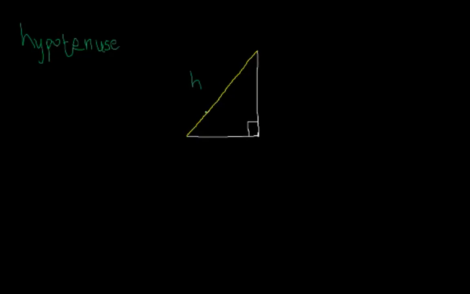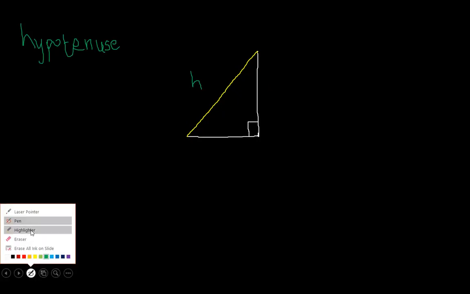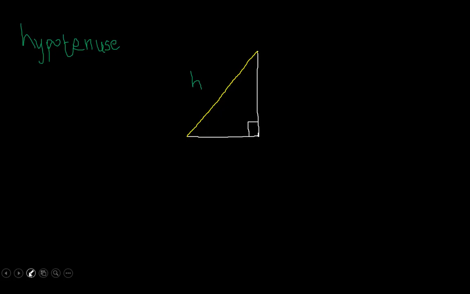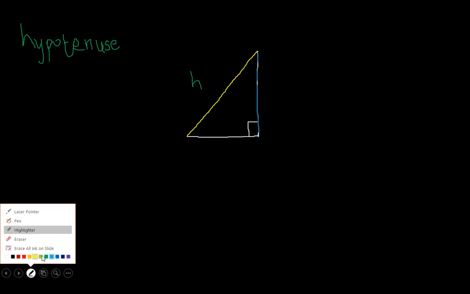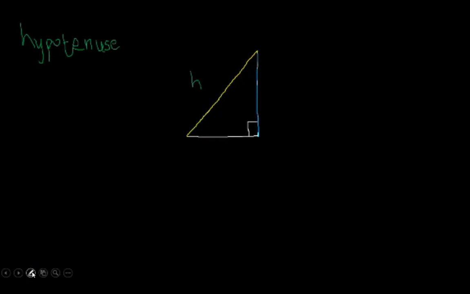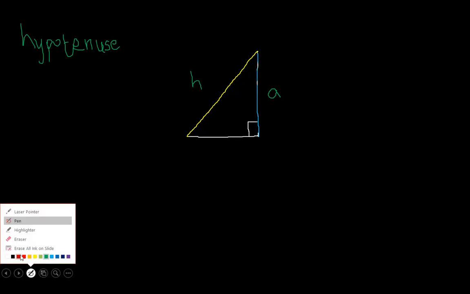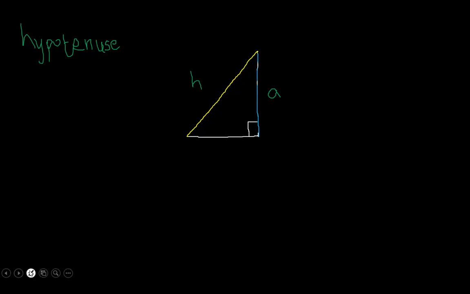So the hypotenuse is the longest line in the triangle, right? This other side, I'll name it. Let me highlight it as well. That line, we'll name it A. The last line in this triangle, let me highlight it purple.